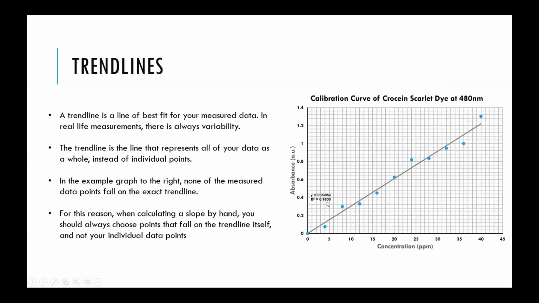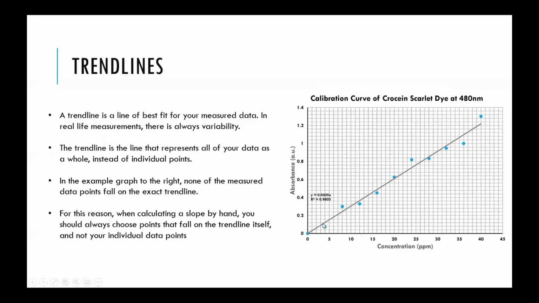But because of that, if you're going to be calculating slope or slope and intercept of a data set, you need to choose values that are on the trend line itself, not necessarily individual data points. So this black line is the overall trend, the overall line of best fit for this data. To find the equation of the line, the slope, and the intercept for these values, you would choose 2 points on the line itself.